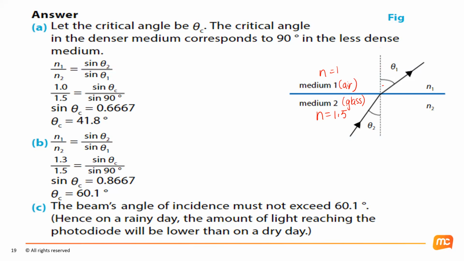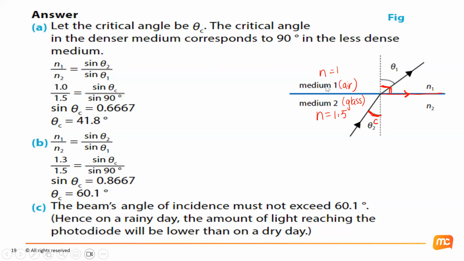The critical angle is when the angle of refraction is 90 degrees. The critical angle is a special angle C such that the angle of refraction is 90 degrees. Get that? So I'm going to substitute into the formula n1 over n2 equals sine theta 2 over sine theta 1.